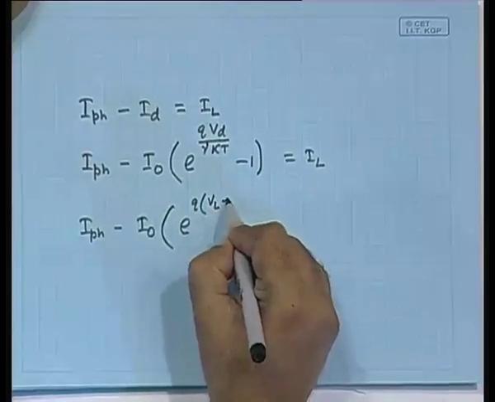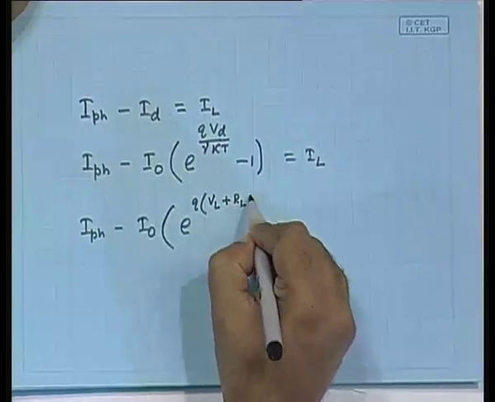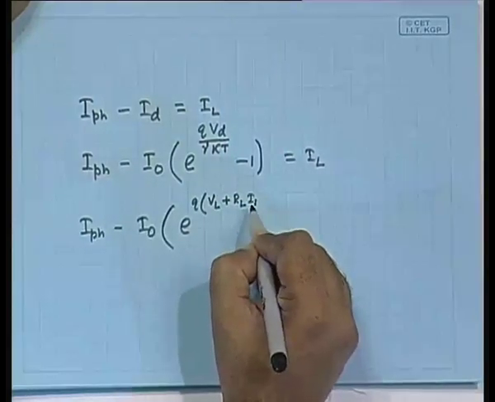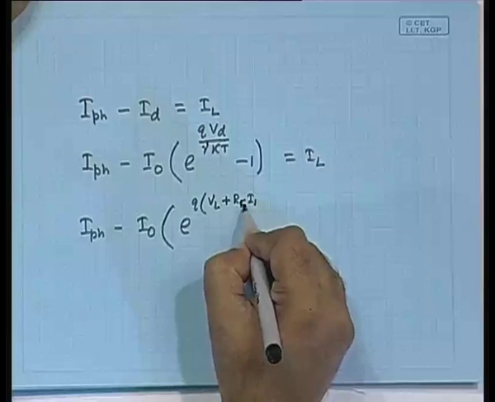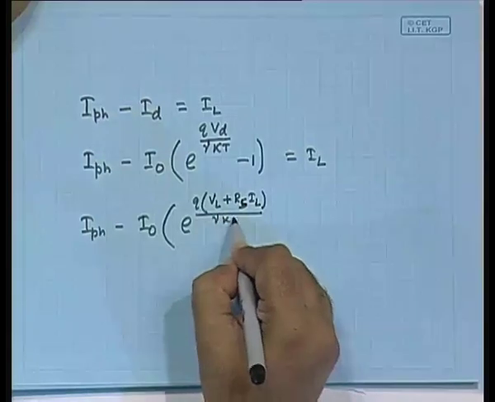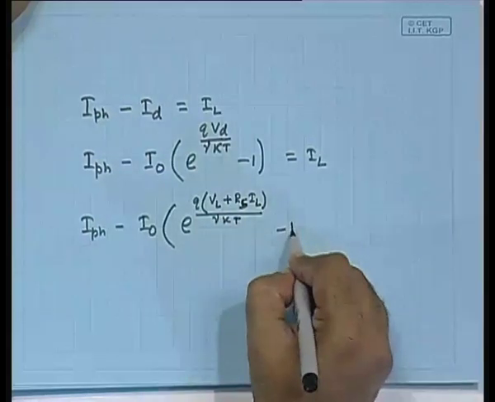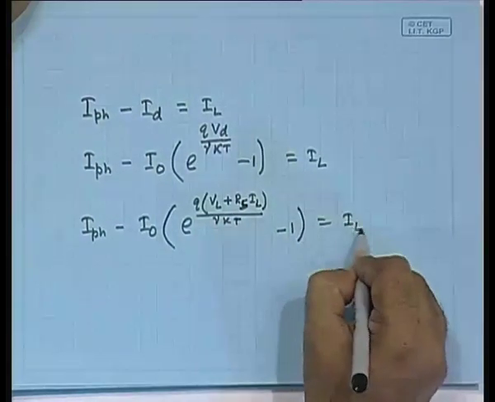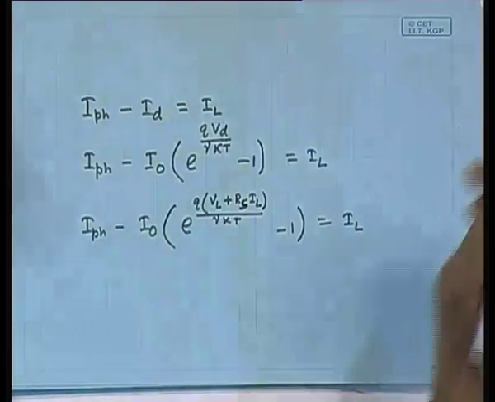VL plus IL RS by gamma k T minus 1 is equal to IL, all right.